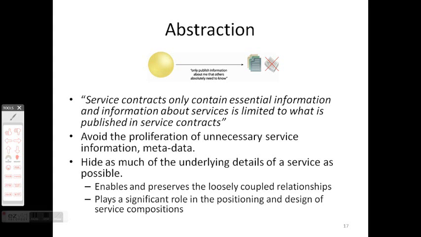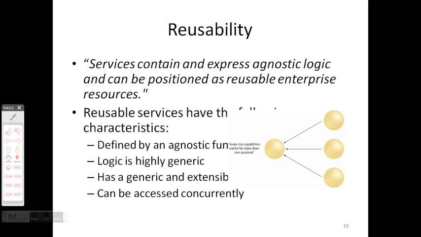It avoids the proliferation of unnecessary service information. That means it's not providing anything such as metadata and so on. It hides as much of the underlying details of the service as possible and preserves the loosely coupled relationship between the services.